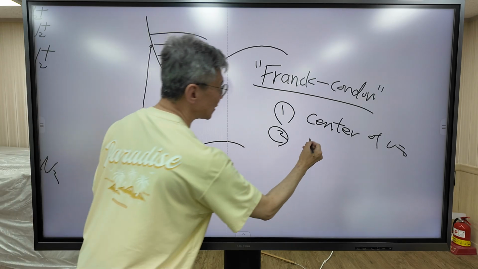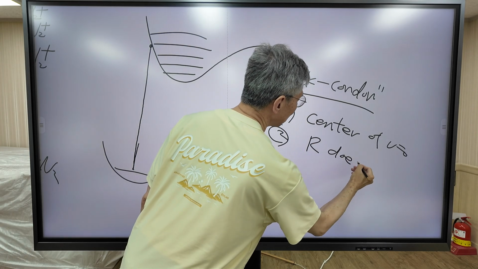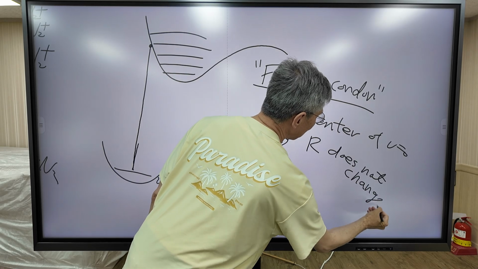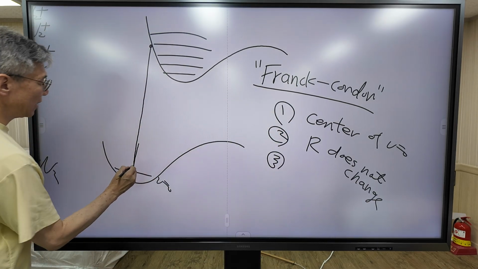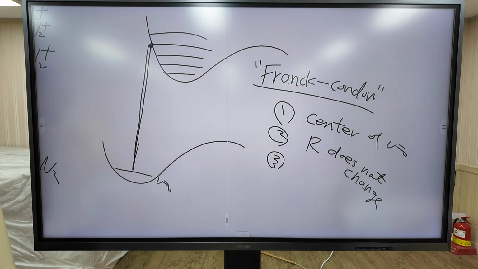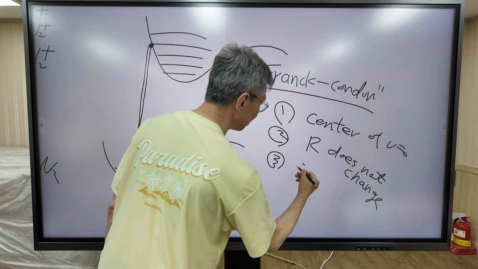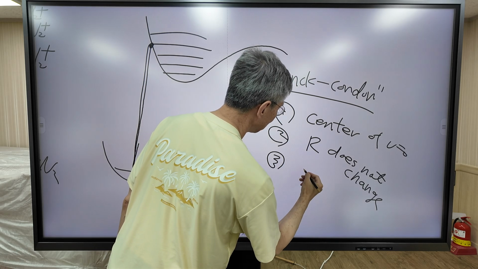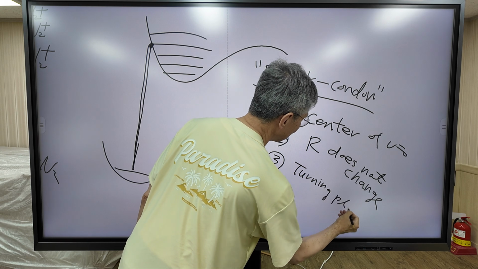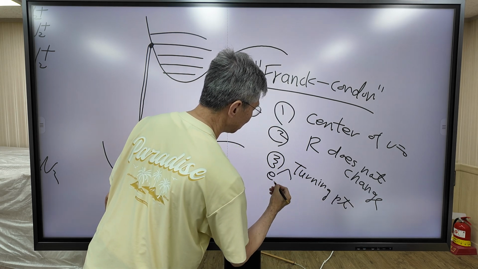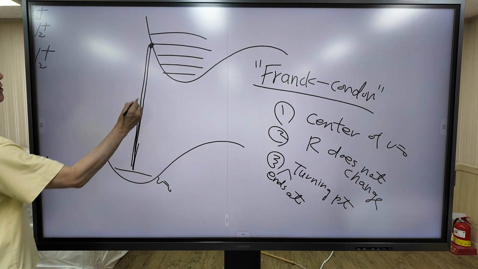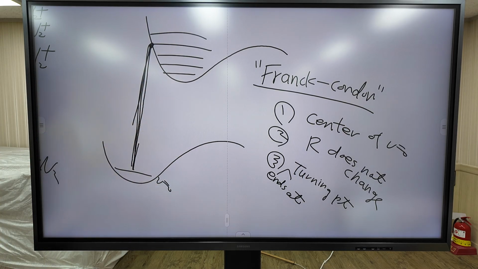It means that R does not change. And it ends near the classical turning point of the potential energy curve. This is the most intense transition according to the Franck-Condon principle.